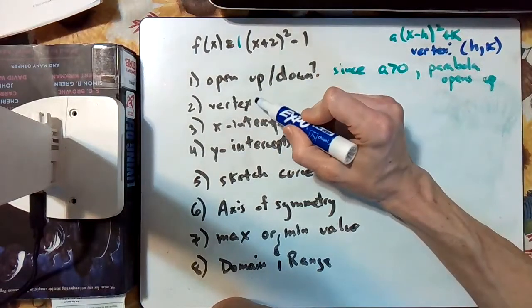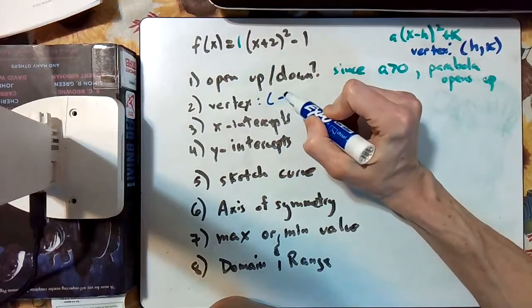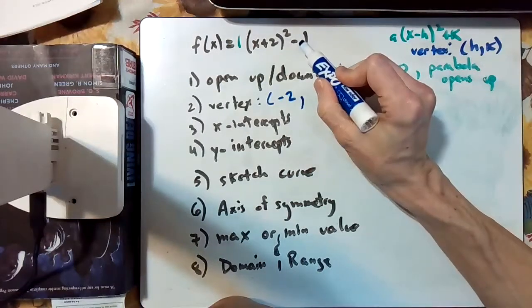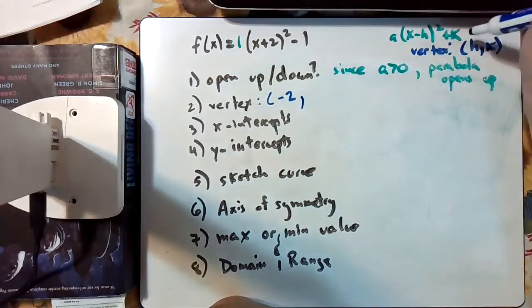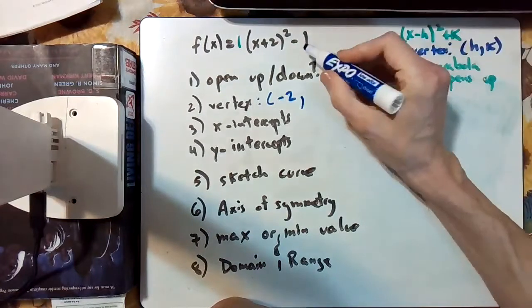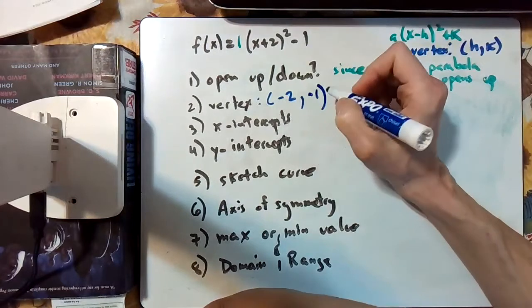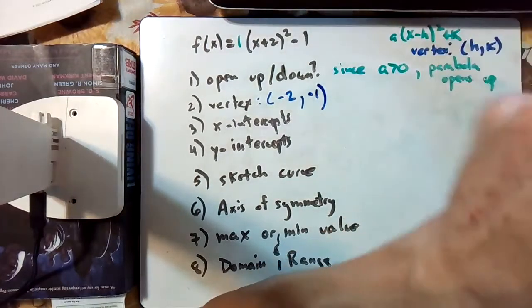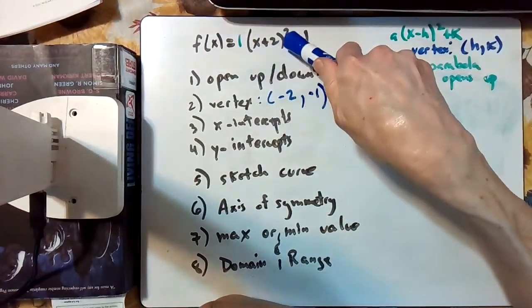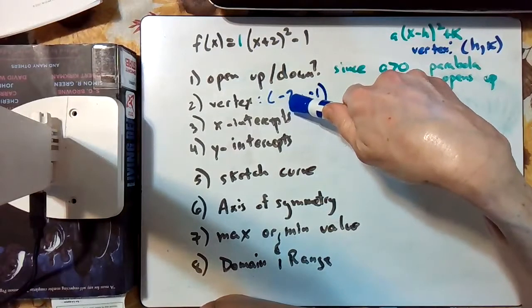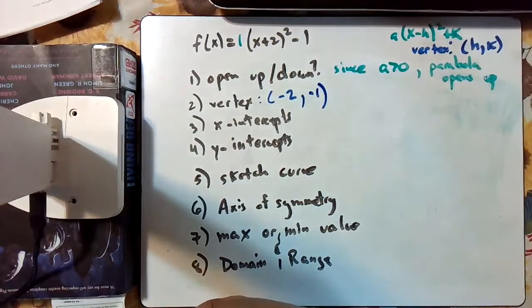So instead of it being +2, it's going to be -2 for the x. But for the vertical, the k, we did not flip the sign. So it's just -1. So -2 comma -1. That is the vertex right there. If this was x minus 2 squared, then this would be a +2.